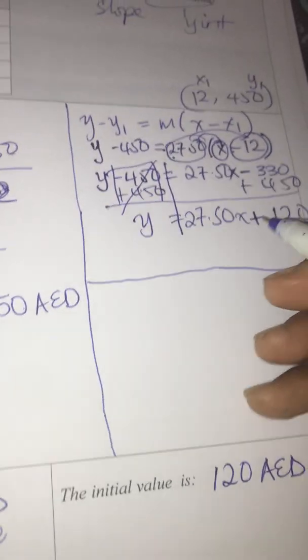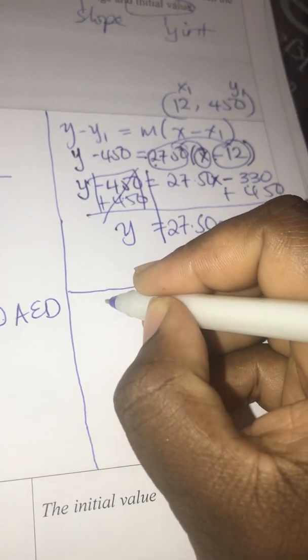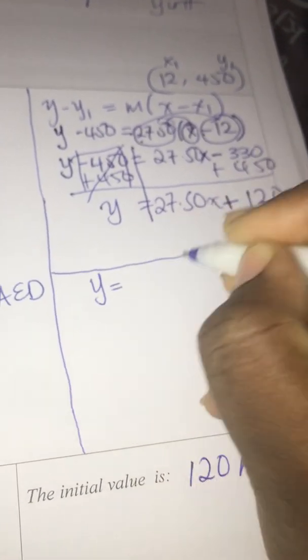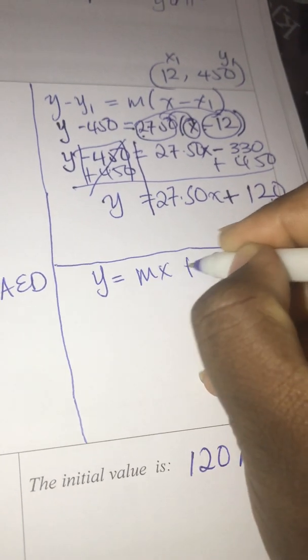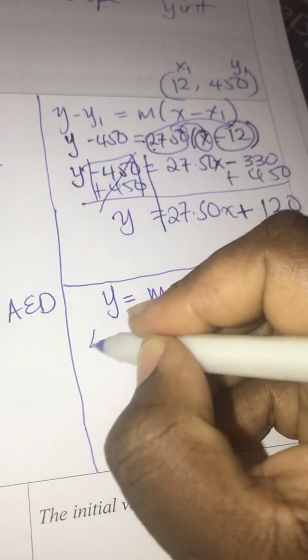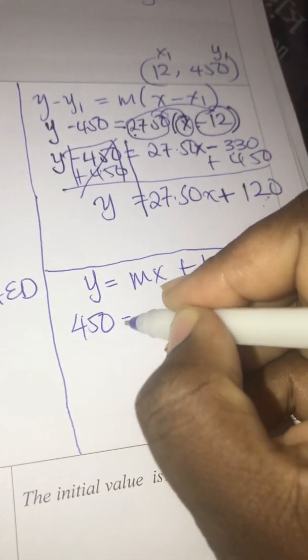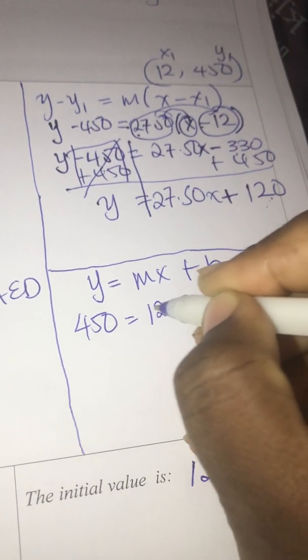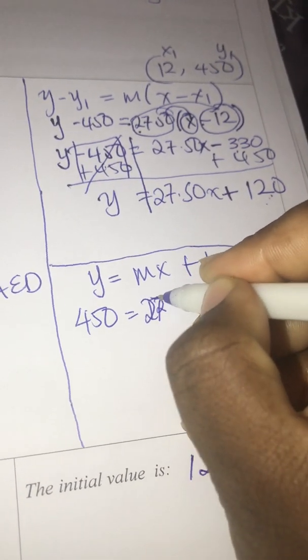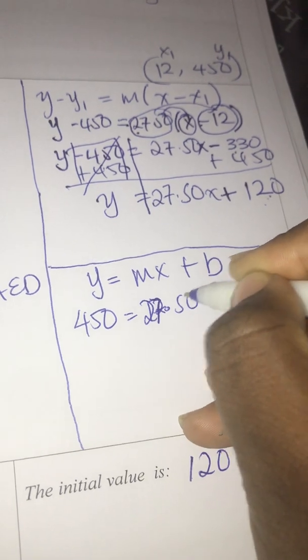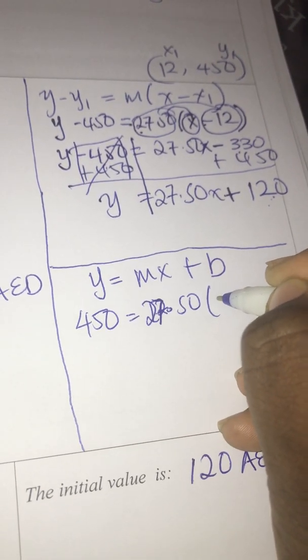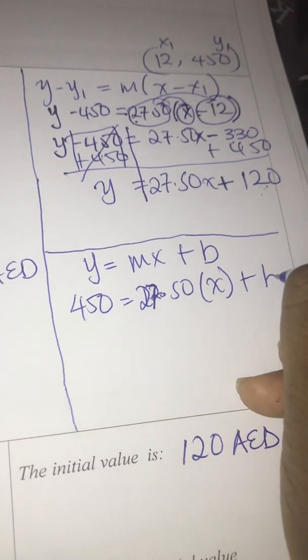Okay, now let's do it using slope intercept form. y equals mx plus b. y is 450, m is 27.50 bracket x plus b.